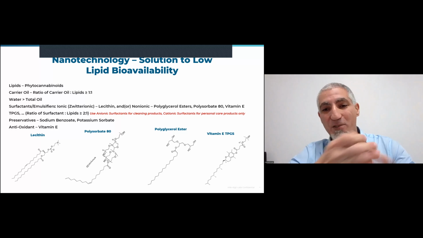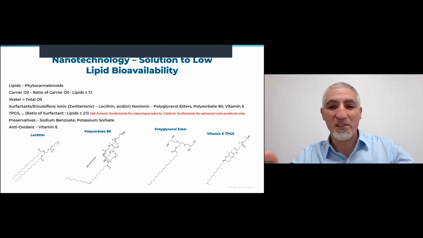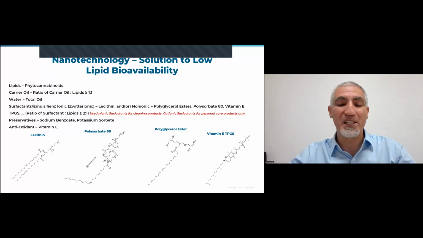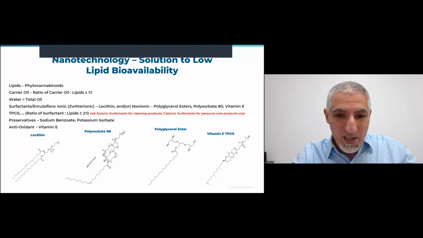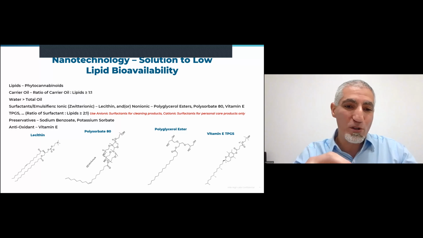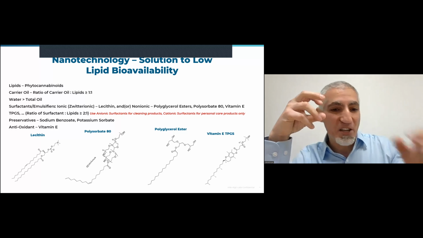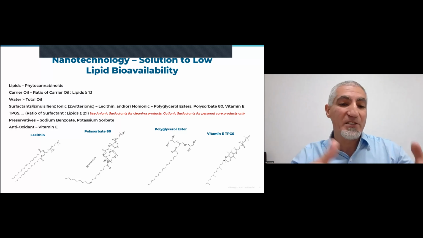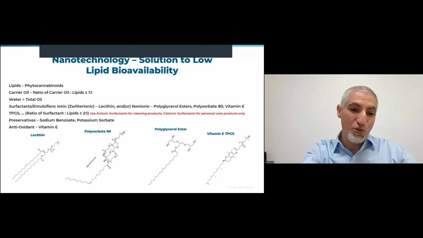And then the non-ionic ones are polysorbate 80, polyglycerol ester, or vitamin E TPGS, which is tocopherol polyethylene glycol succinate. If you look at the structures of these emulsifiers, basically what you see is a polar hydrophilic head and a non-polar lipophilic tail or tails. In the case of lecithin, it's got two lipophilic tails. Then it's got 3 different groups.